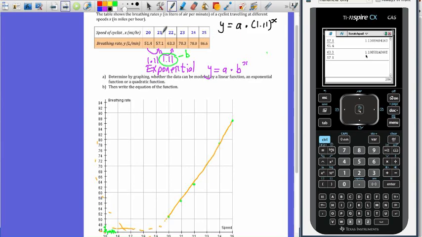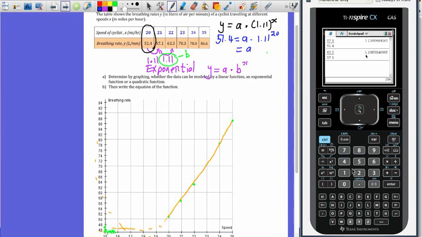We can select any one of the points in the table of values in order to do this, so again, for no particular reason, I'll select the first one and substitute that in. The y value is 51.4 equals a multiplied by 1.11 to the power of 20, and we can use that to solve for a.